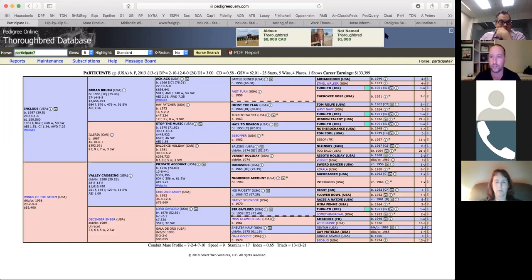A couple of other things you can notice on here. Over towards the right-hand side, there are 4 little teal squares, each of them appearing at the line next to Turn-To, with Ireland in parentheses, which designates that Turn-To was foaled in Ireland. So what those little teal boxes are showing you is that Participate is inbred 5 by 5 by 5 by 5 to Turn-To.